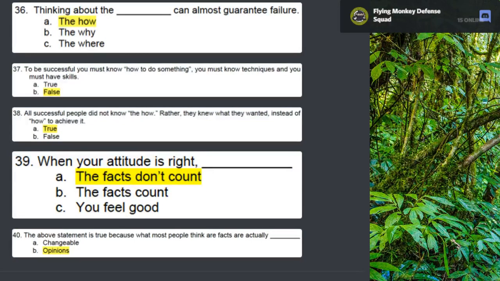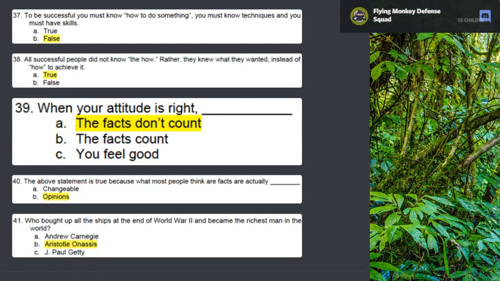Aristotle Onassis. Yes, who bought up all the ships at the end of World War II and became the richest man in the world? Aristotle Onassis. The wealthiest man in the world to first release this information to the masses was... Carnegie. That's correct, Andrew Carnegie.